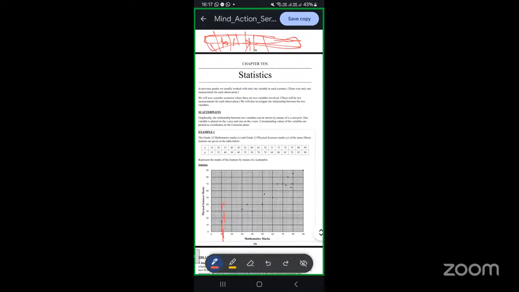Then you go for 15 for Y. It's going to be the midpoint between 10 and 20. Therefore, our point is just going to be this one there.